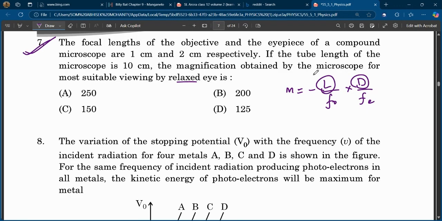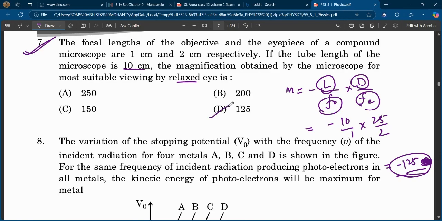L is given as 10 centimeter, F naught is given as 1 centimeter, Fe is given as 2 centimeter. So just put everything, and that will be 10 by 1 into 25 by 2, so that will be minus 125. Sorry, magnification minus 125, so 125 will be the answer.